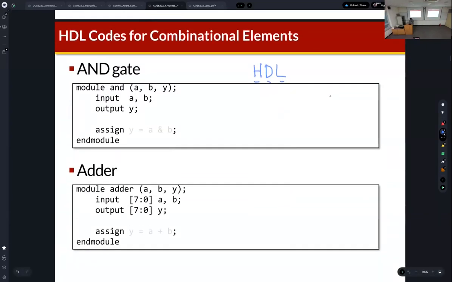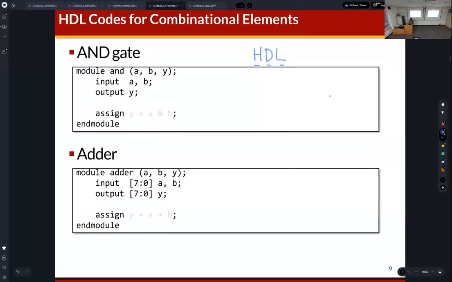In a SystemVerilog module, this is the module name, and then the ports are just declared like this. As you can see, A and B are input ports, and Y is an output port. These are one-bit signals, so the width is not represented.